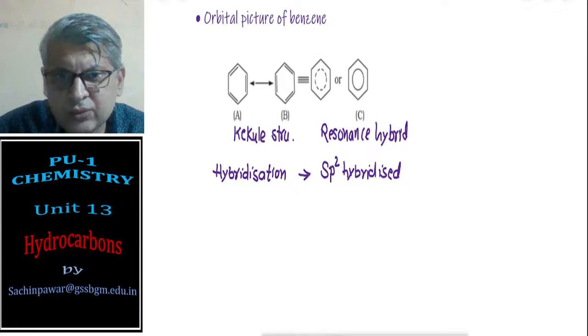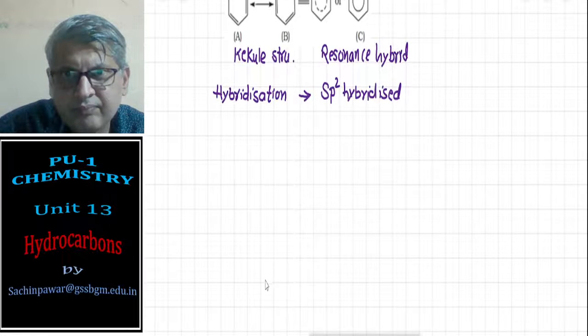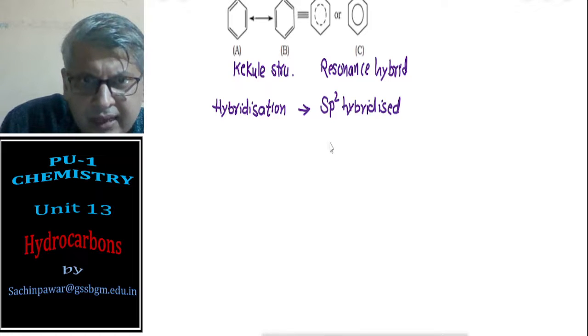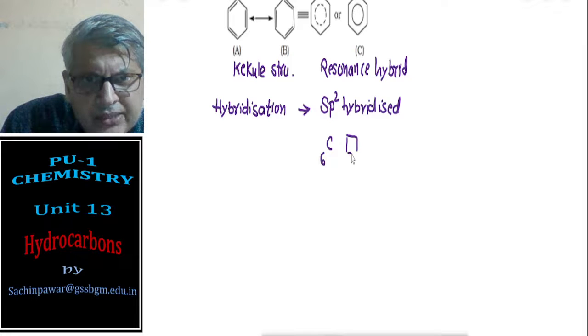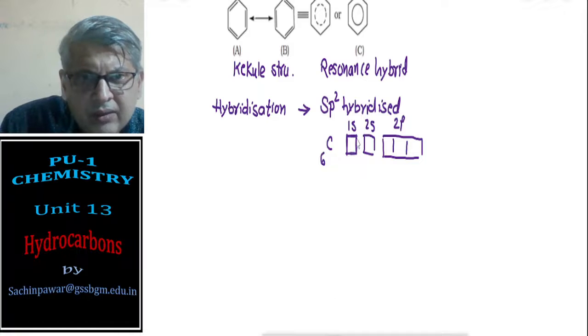For sp2 hybridization, the carbon atom's atomic number is 6, so the configuration would be 1s, 2s and 2p. The ground state configuration is 1s2, 2s2, 2p2.